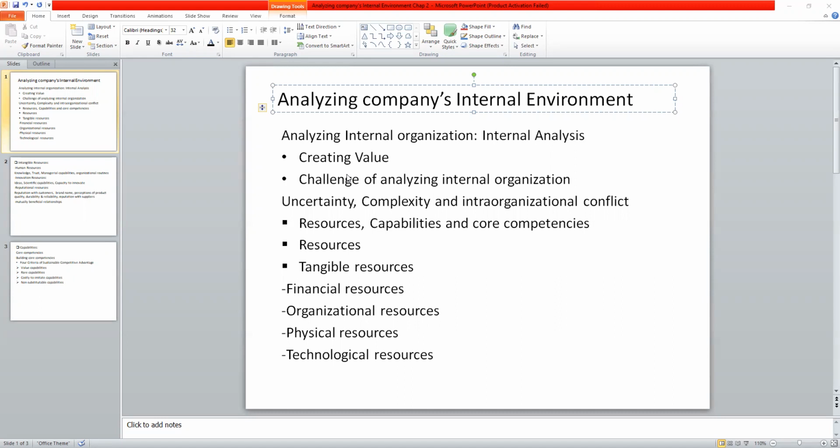The decision making involves analyzing the firm's assets, like identifying, developing, deploying, and protecting their resources, capabilities, and core competencies, which appear to be relatively easy, but in factual terms, it is actually difficult. It is challenging, especially when one thinks of exploring international opportunities, it becomes much more challenging.